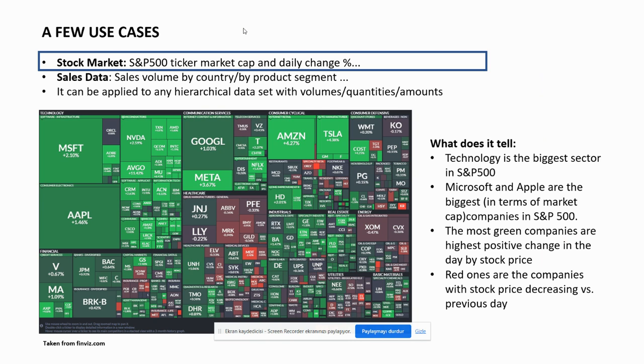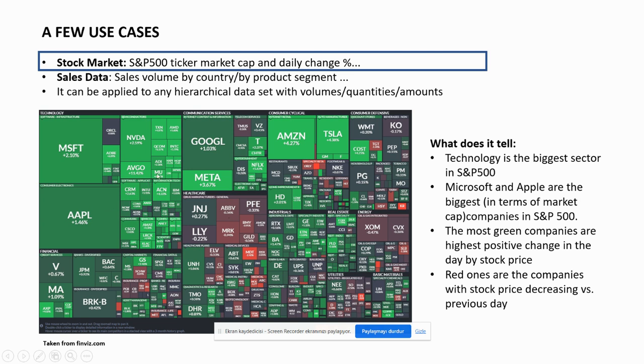If you are interested in investments and trading, you have seen some applications in TradingView or Finviz.com, this tree map of the S&P 500. What this visualization tells us for the specific stock market chart is that technology is the biggest sector in terms of market capitalization, and Microsoft and Apple are the biggest companies here.